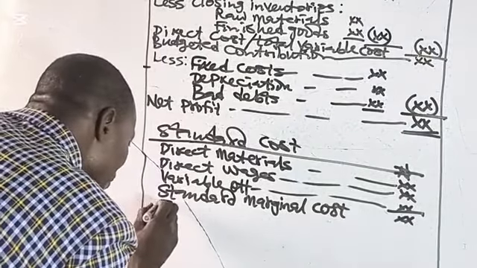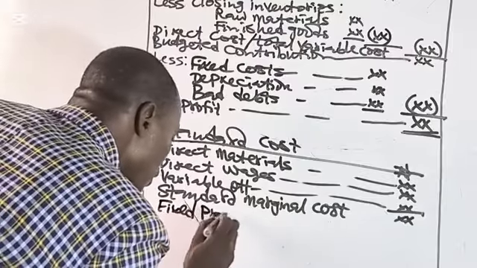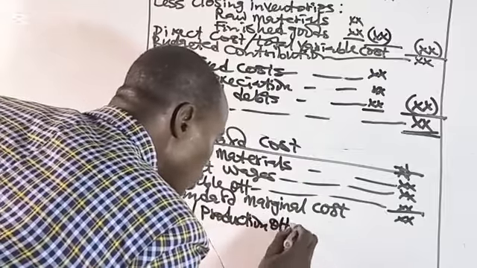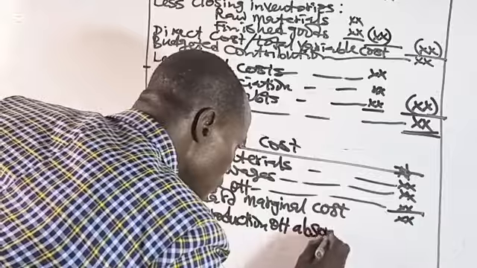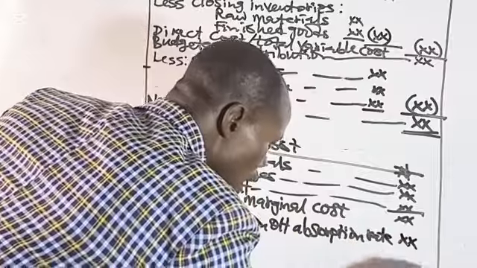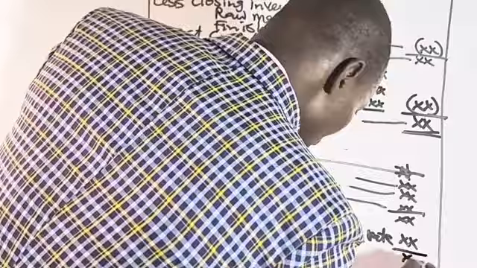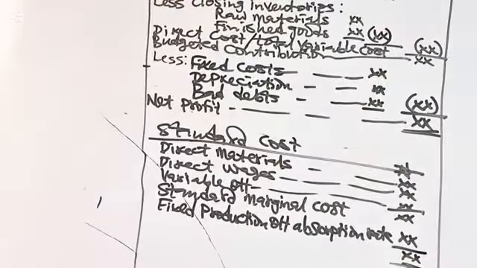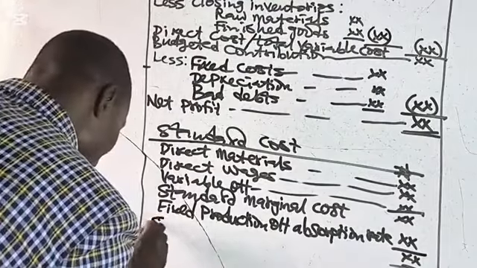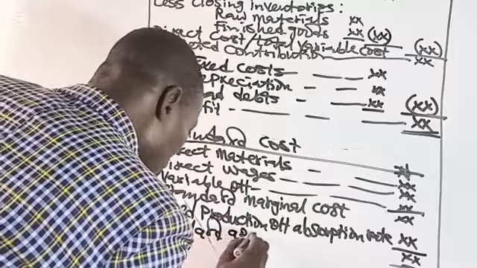Fixed production overheads absorption rate. This may be given, and where it is not given, then that means you will need to calculate that. If you add the fixed overhead absorption rate, you will get the standard absorption costing.